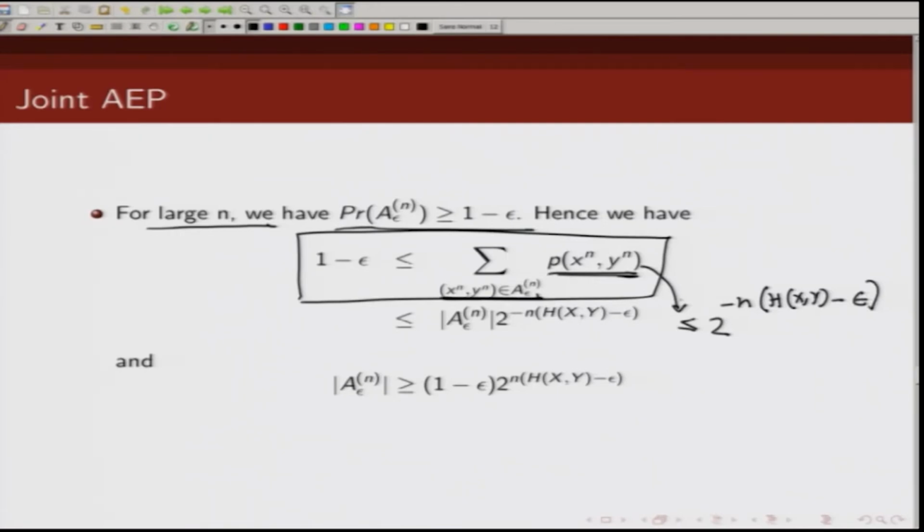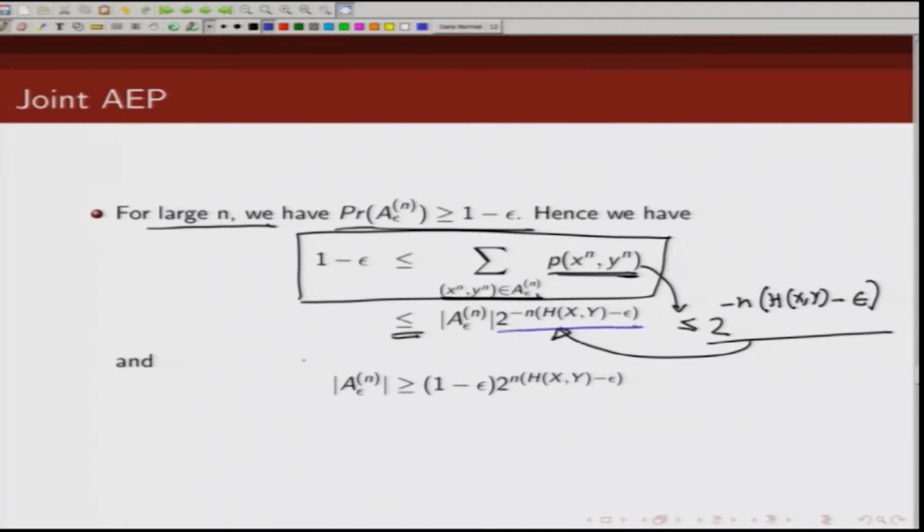So if we upper bound this by this quantity and we plug this in here, we get this less than or equal to sign here. So what we get is 1 minus epsilon is less than or equal to the number of elements in this jointly typical set multiplied by this.